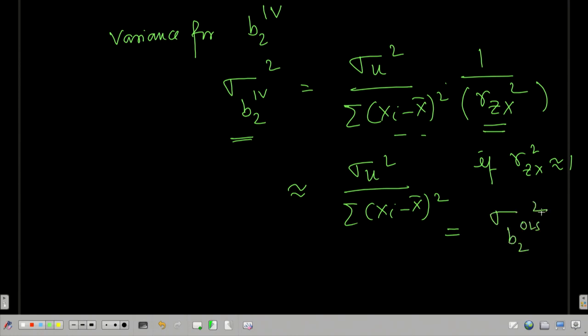So, that is basically the same variance that we see for my B 2, when my B 2 is the correct coefficient that we obtain. So, that is why we have to ensure that x and z are quite strongly related. So, that condition we have to satisfy.